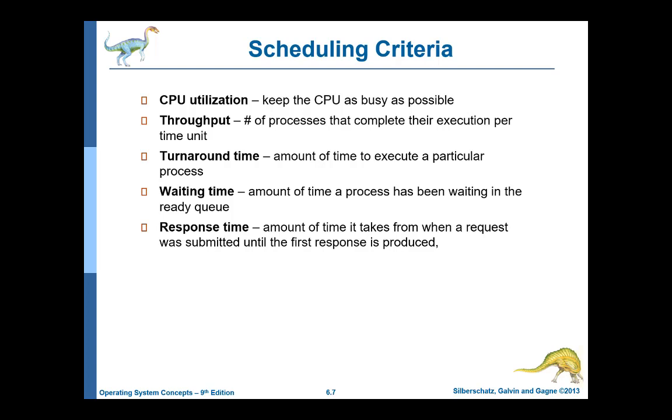The second criterion is throughput, which is the number of processes that complete their execution per unit time. So let's say in 1 second, how many processes can complete their execution? If we have 2 algorithms, we compare their throughput. I ask you a question now about throughput.